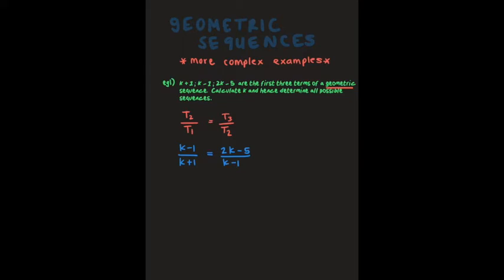What we've done here is we've just created an equation where we need to solve for k, perhaps a more complex equation compared to the ones we did in arithmetic sequences, because we're working with fractions, but that's not a problem. At this point, I'm going to put brackets around my terms, and you'll see why we're doing that now.